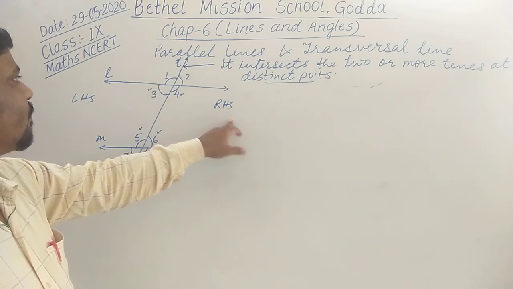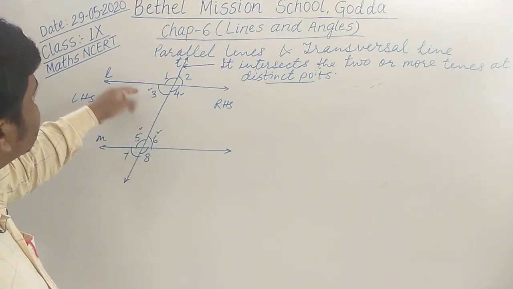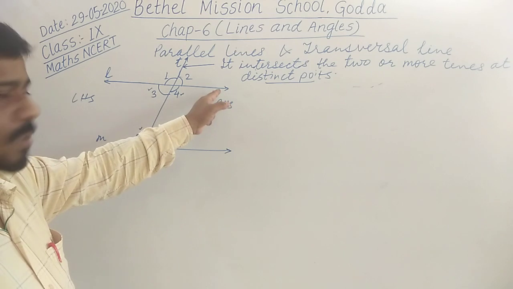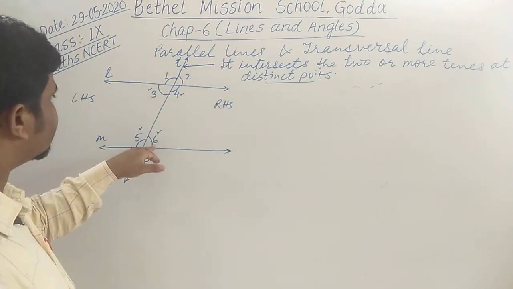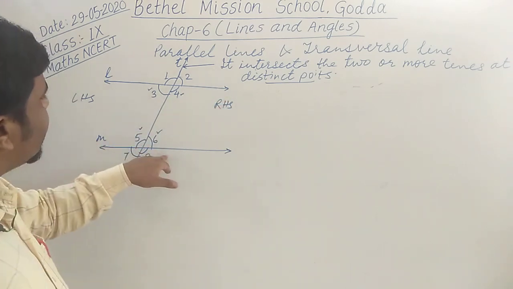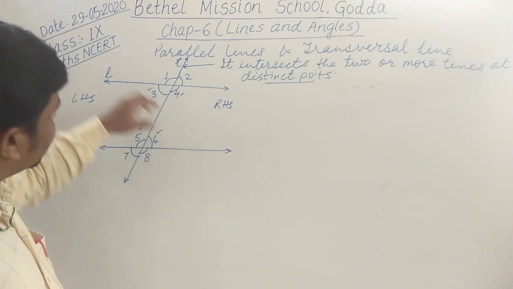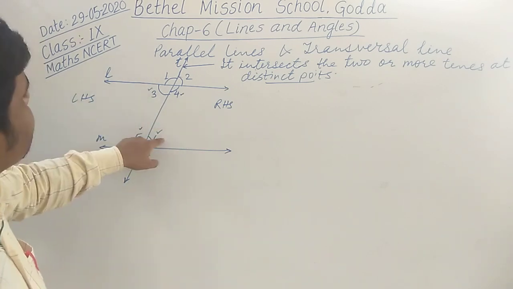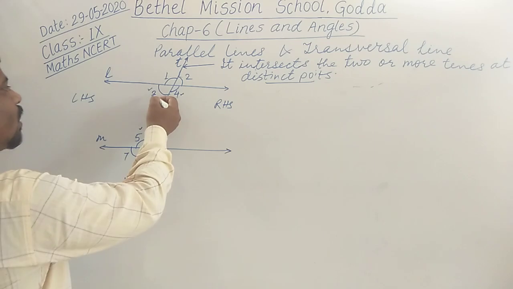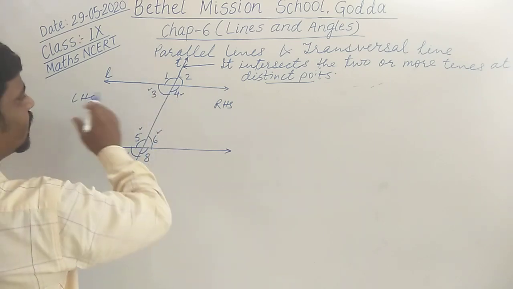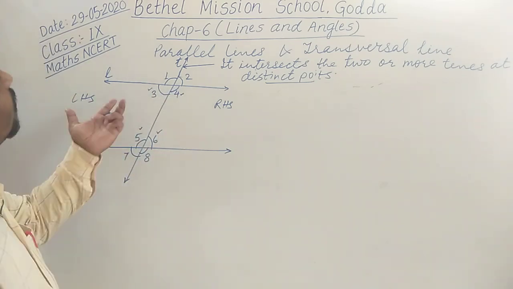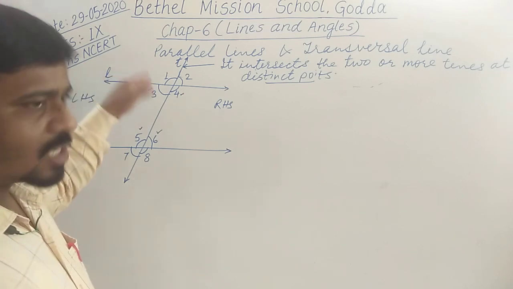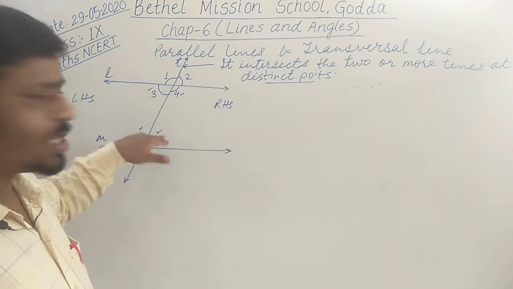This 3 is just inside of the first line and this 6 is on the other side but just inside of the other line. Means these angles, where one is on the left side and the other on the right side, but one is just inside the first line and the other just inside the second line.